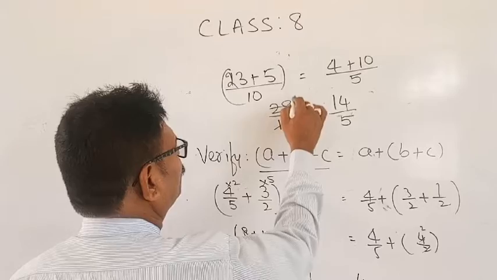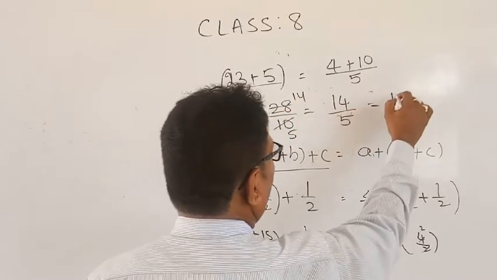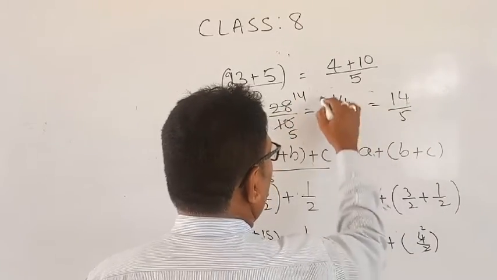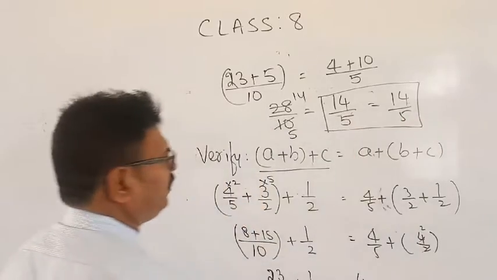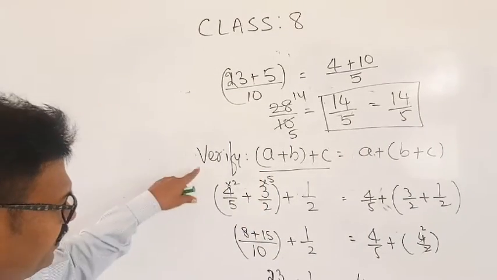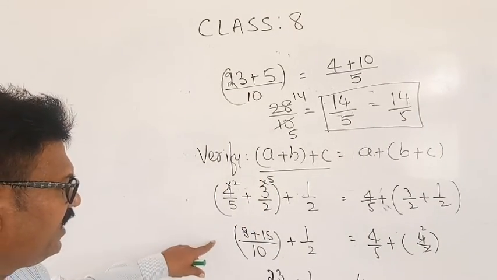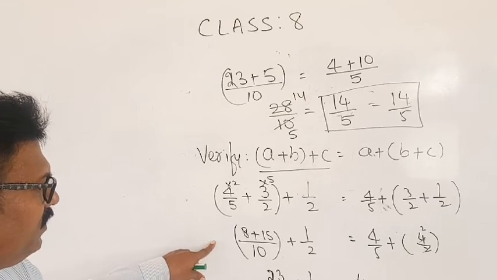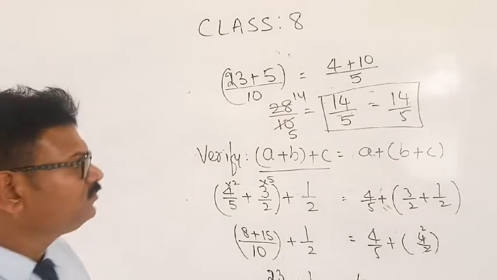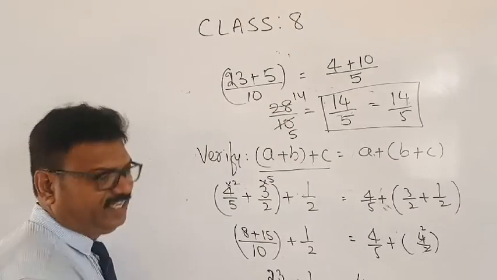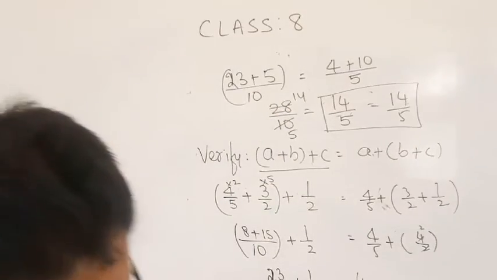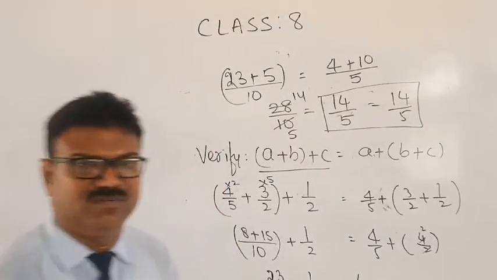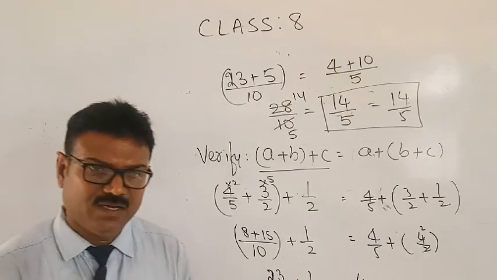On the other side, 4 by 5 plus 2: LCM 5, 4 plus 10 is 14 by 5. That means 14 by 5 and 14 by 5. So this is also correct. Okay na? Yes. So this is the verification of this property. Clear? Yes.